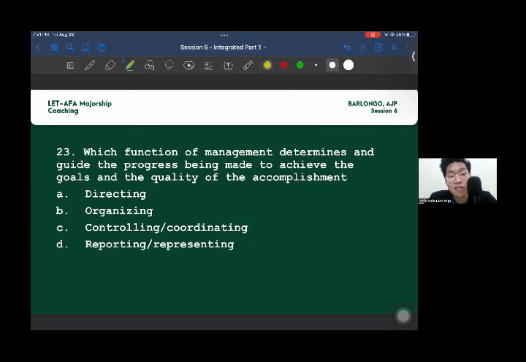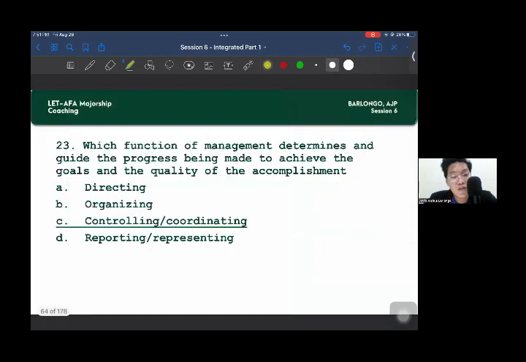In this case, it is determines and guides the progress. So the answer for this one is letter C, which is controlling and coordinating. Ito sabi progress being made to achieve the goals and the quality of the accomplishment. So in order for you to achieve that quality, you need to control and also coordinate with other people for you to manage a specific task.